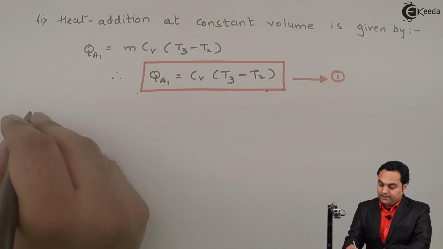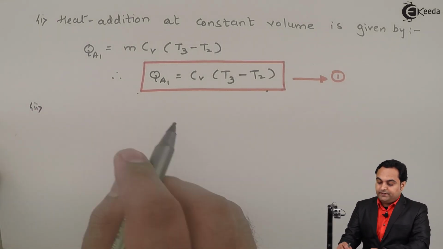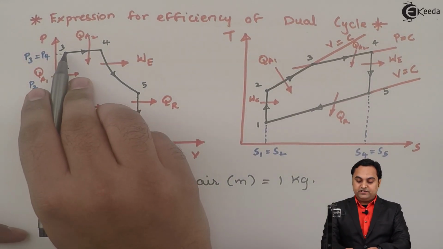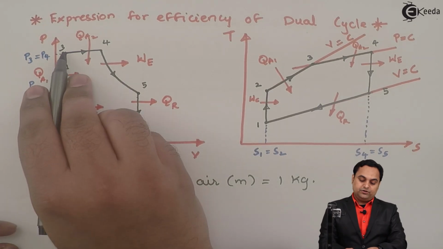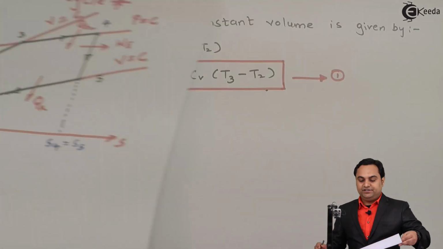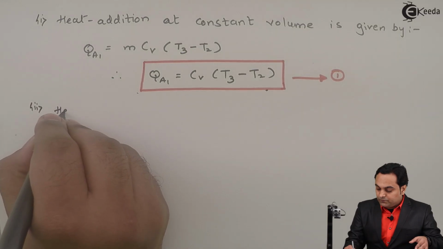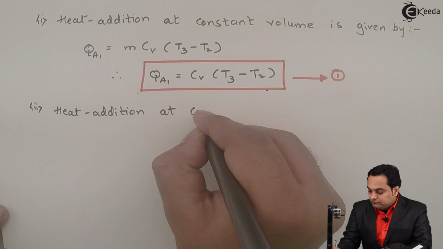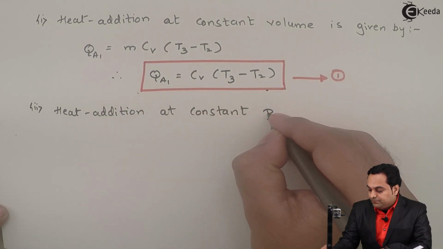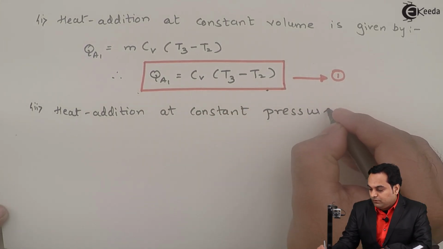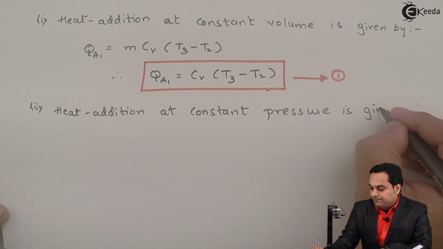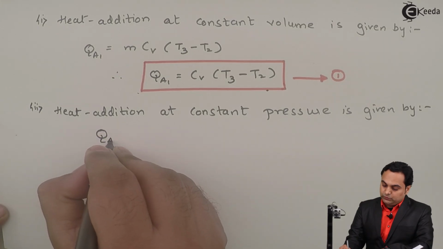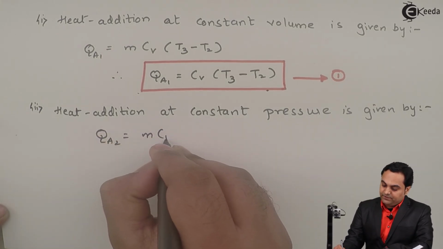Next, in case of dual cycle, the heat is added at constant volume as well as constant pressure. So after constant volume heat addition, now constant pressure heat addition. Heat addition at constant pressure is given by QA2 equal to m Cp.